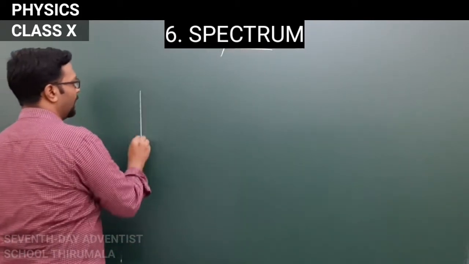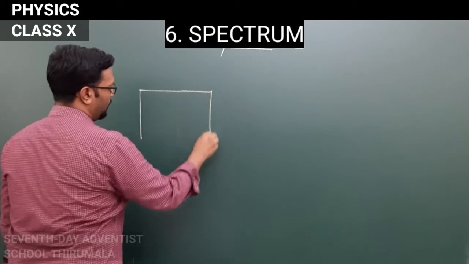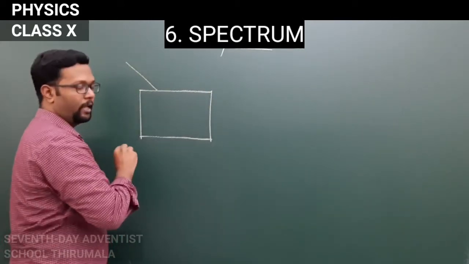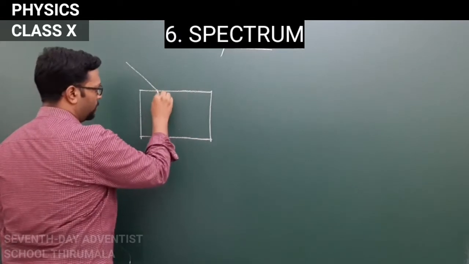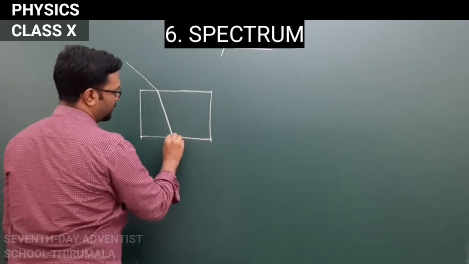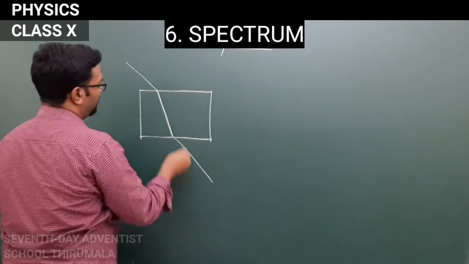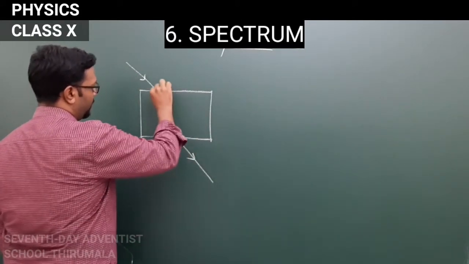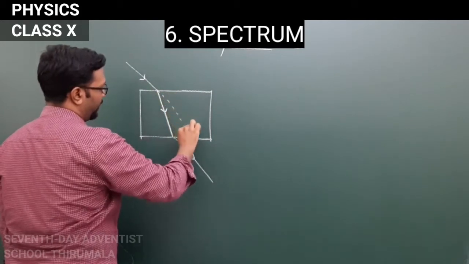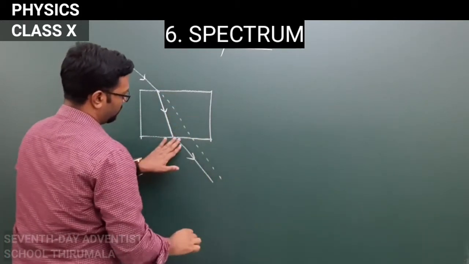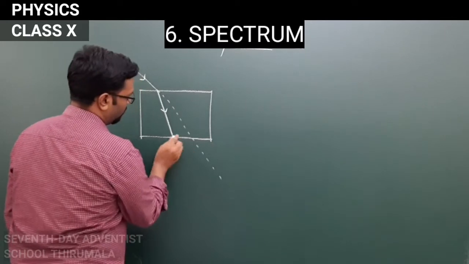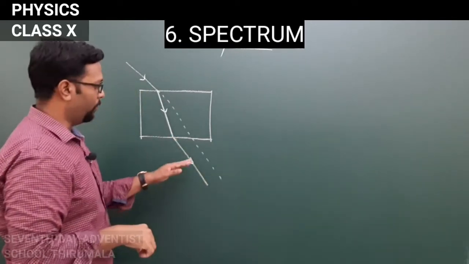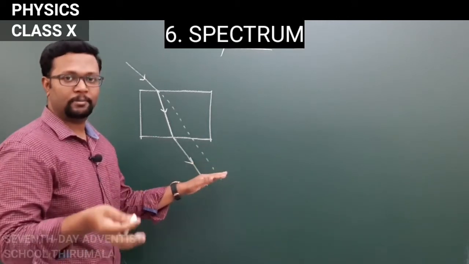So you remember a glass slab, and you learned that when a light ray is incident obliquely on a glass slab, it undergoes refraction at both surfaces. If the glass slab is rectangular in shape, the incident light ray will be laterally displaced.